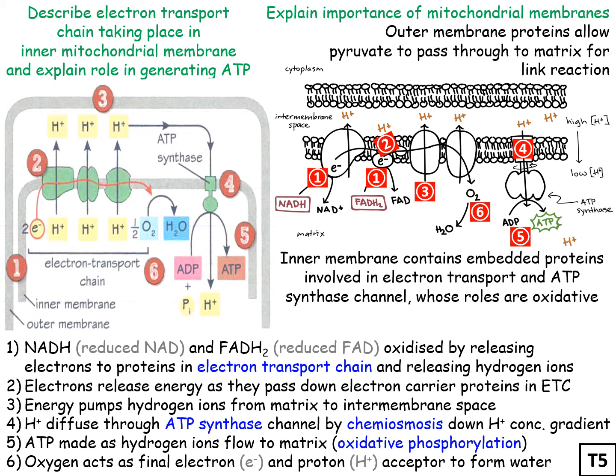The other proteins found on the inner membrane of the mitochondria include the ATP synthase channel, where ADP is phosphorylated to ATP, and the role of all of those proteins in the inner membrane is oxidative phosphorylation and chemiosmosis to synthesize ATP.